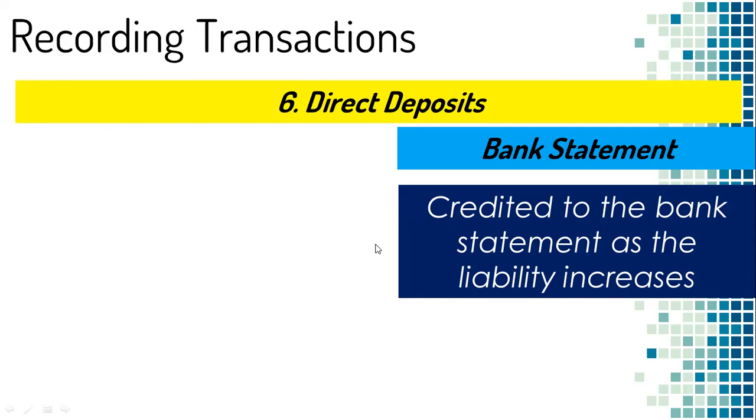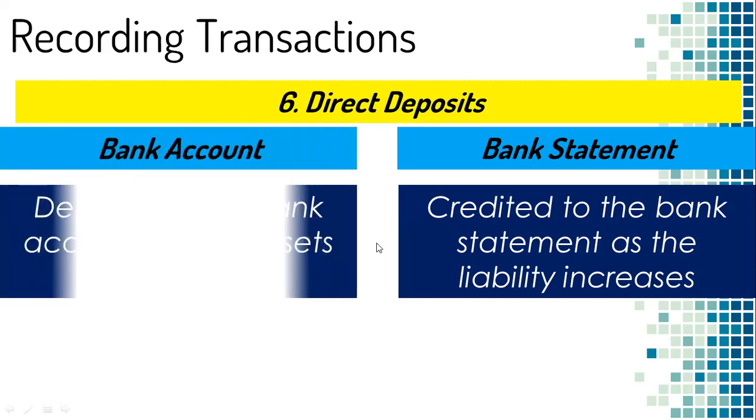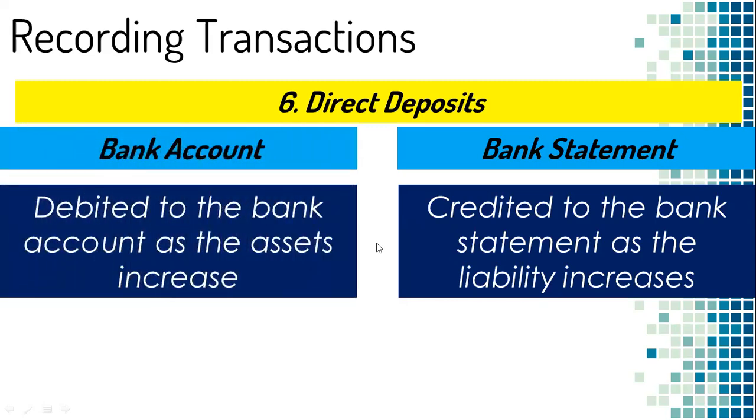Remember that. Okay. And later to the bank account, it is debited, as the assets increase. And the bank statement is credited as the liability increases. Are we clear?